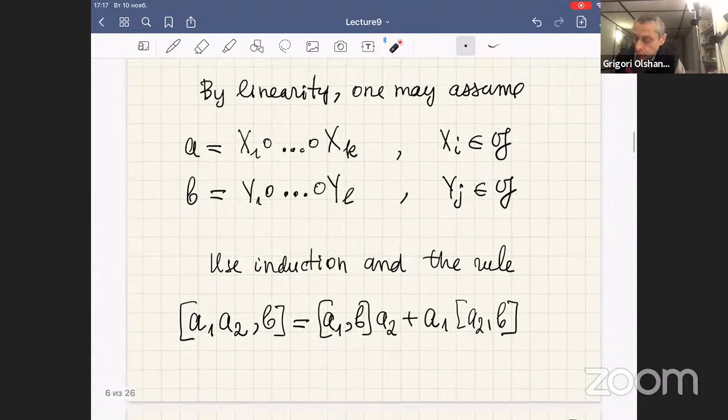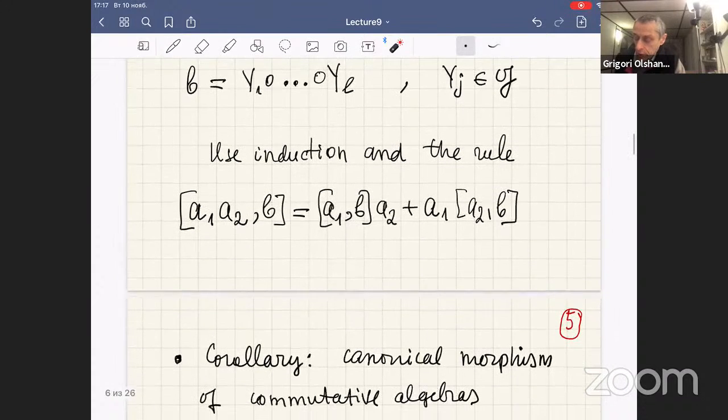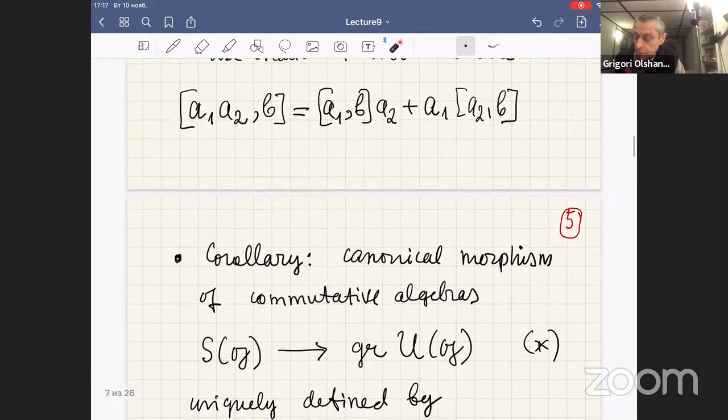So, as a corollary, we have that we produced some commutative algebra. And the corollary is as follows. We have a canonical morphism of associative algebras, which are both commutative, from this algebra to this algebra.